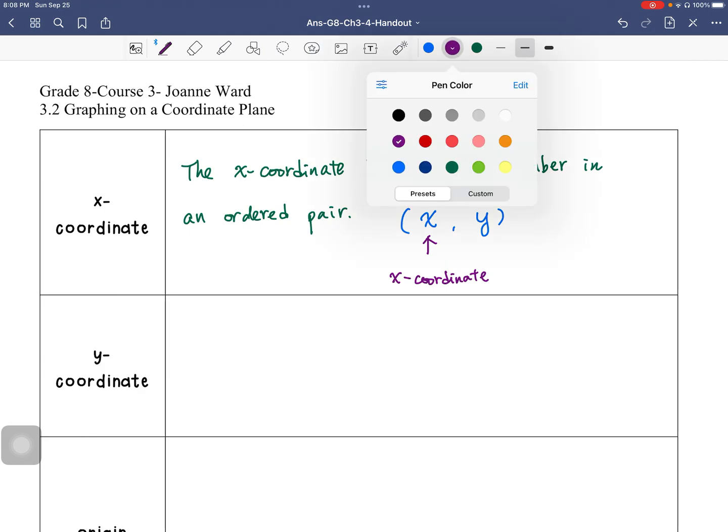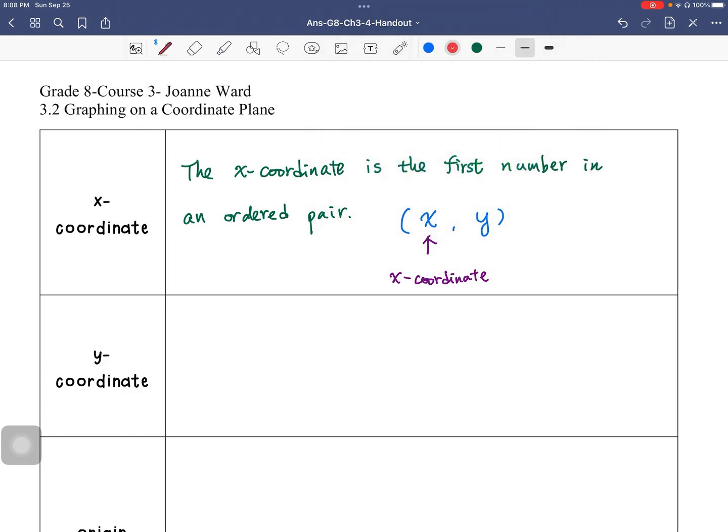And what is the y coordinate? The y coordinate is the second number of an ordered pair.